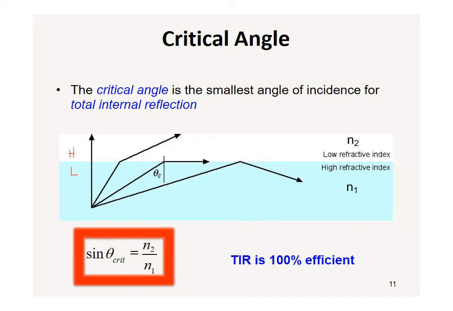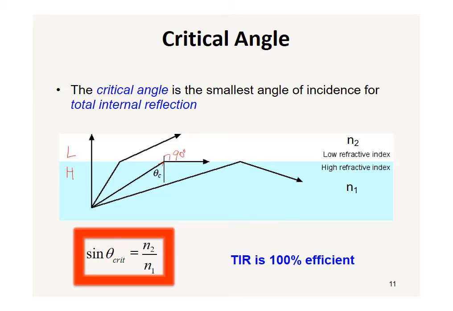However, if we reverse the situation, and now we have light traveling from a high refractive index to a low refractive index, you'll find that above a certain angle of incidence, the light is transmitted at 90 degrees.